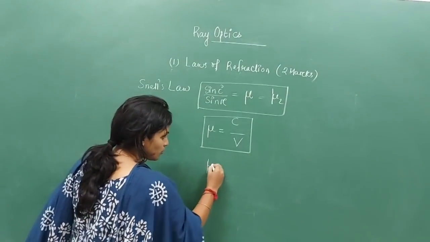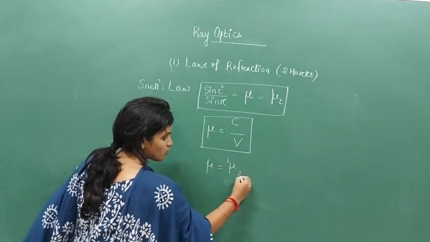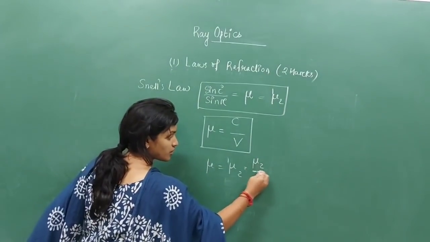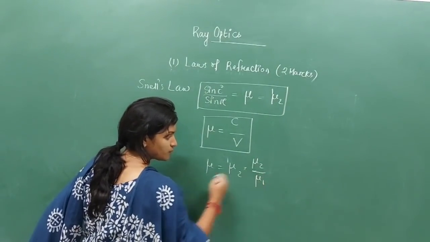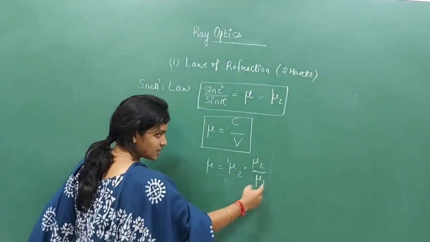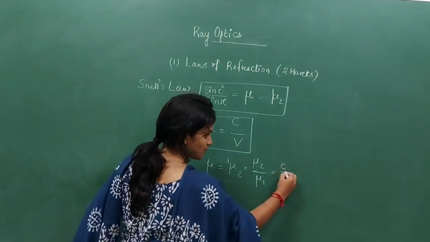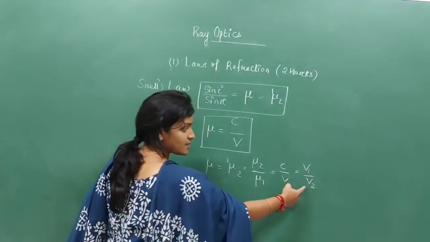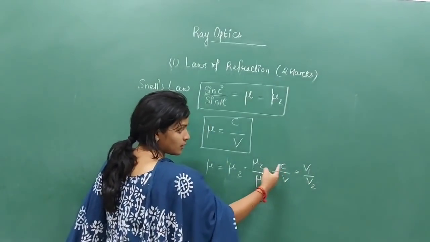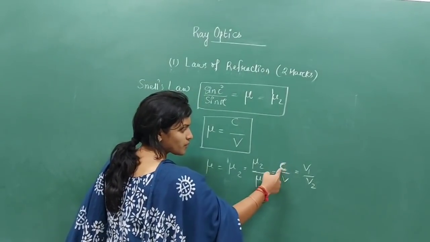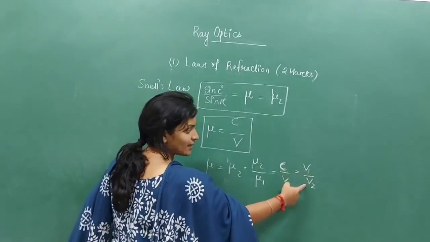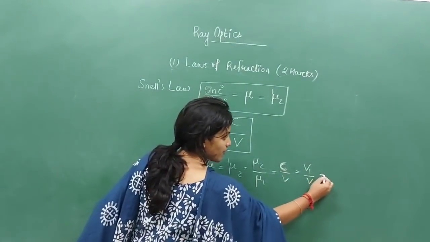Mu12 is the refractive index of the second medium with respect to the first medium, and this is equal to c by v, and this is equal to v1 by v2. When we consider two media, c is the velocity of light in vacuum. If I consider the velocity of light in two other media, I can write v1 by v2.